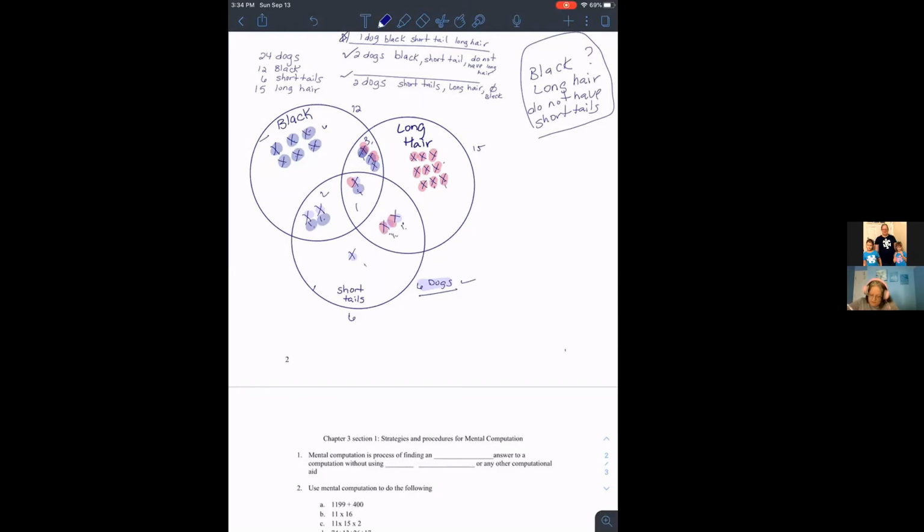So we have 11 and 12. 12 plus the 12 over here would be the 24 dogs total. Sorry if this is confusing.